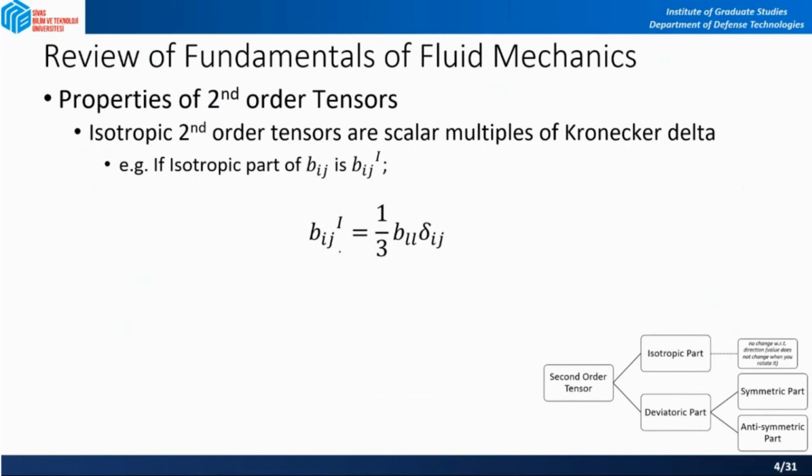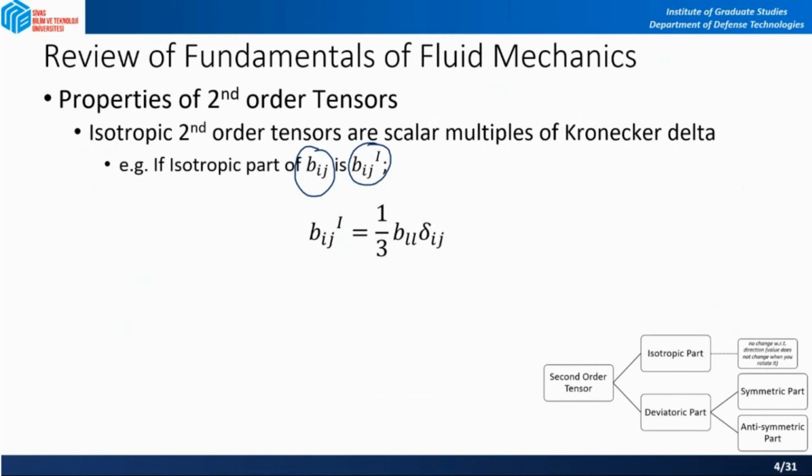For example, if I have Bij is a tensor, and its isotropic part, I call it Bij superscript I. It stands for isotropicity. It means that the isotropic part of Bij is 1/3 of Bll delta ij.